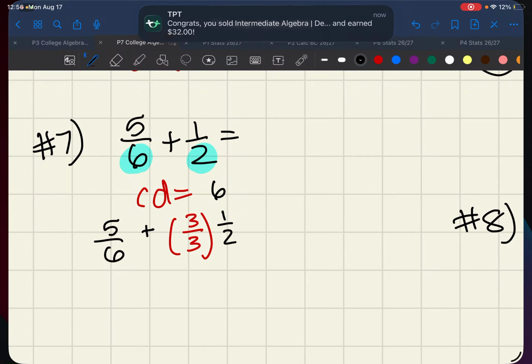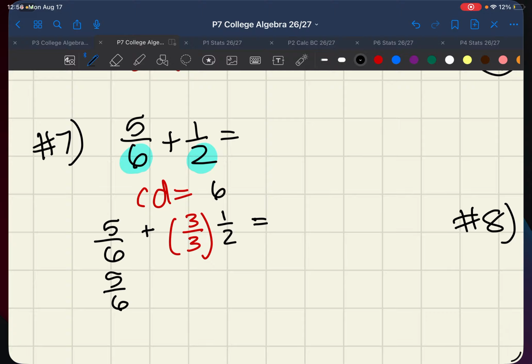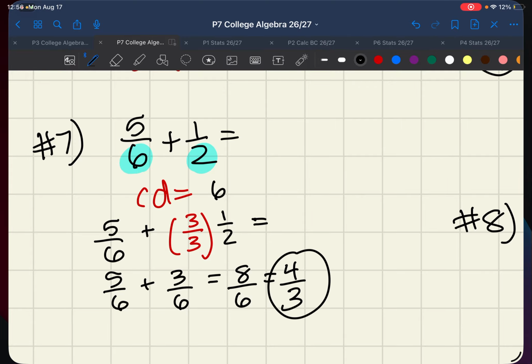Bring down the 1/2, and then I continue solving. So 5/6 plus 3/6, multiplying that 3 by the 1/2, and I get 8 over 6. Well, 8 over 6 can simplify by dividing both by 2, and I get 4 over 3 as my answer.